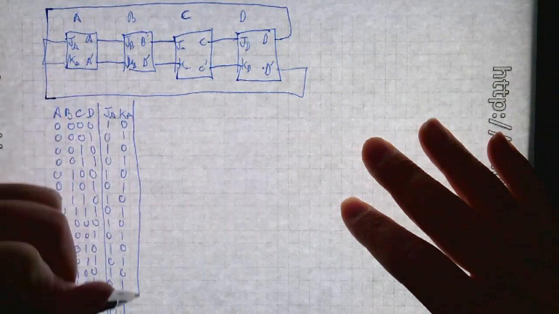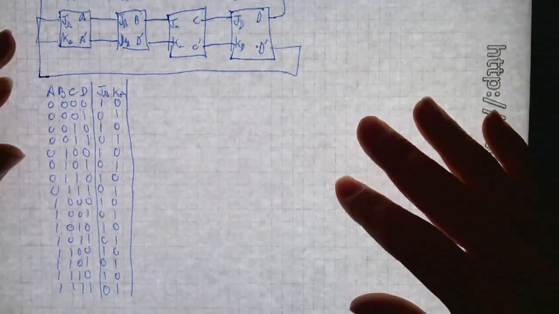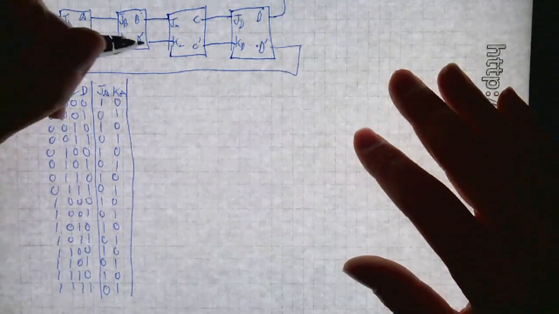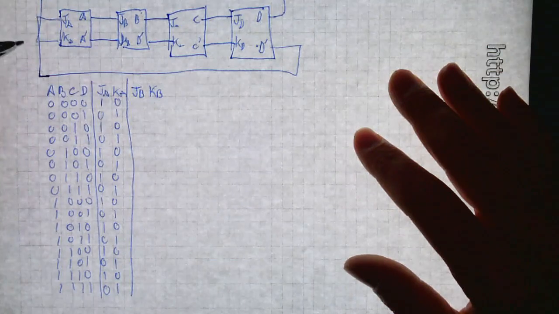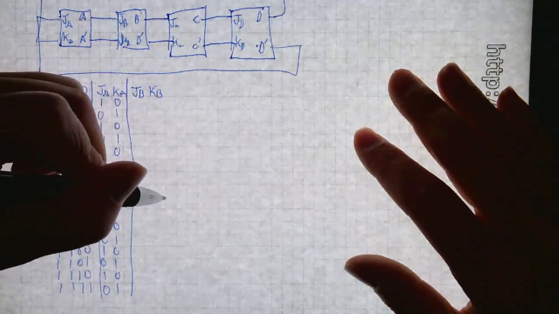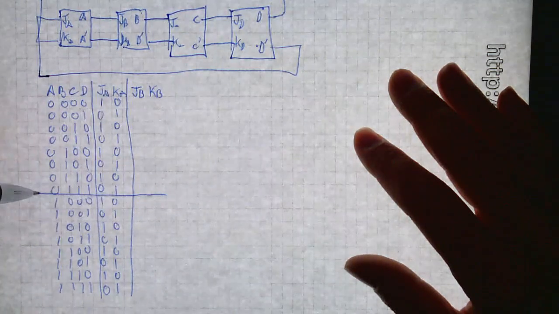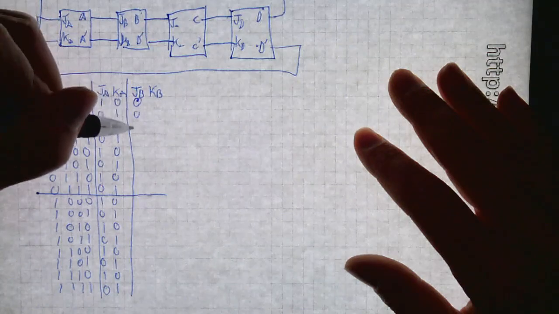And now we've done 1 bit. Let's do it again. JB, KB, and it looks like JB is equal to A, so I'll just put in all zeros.